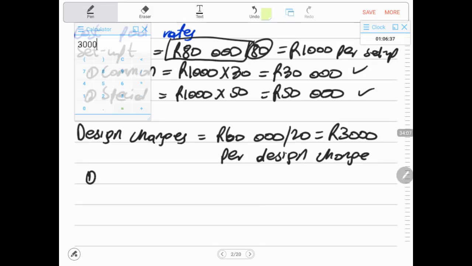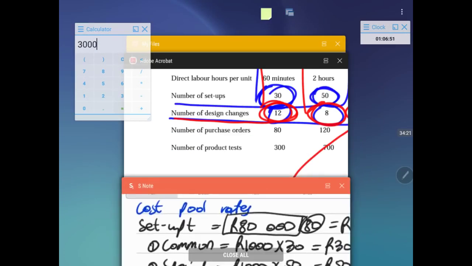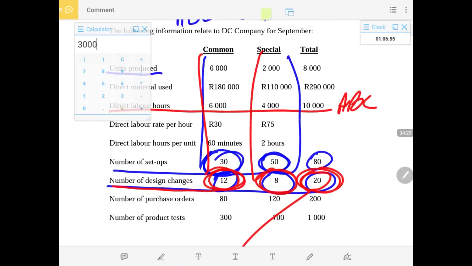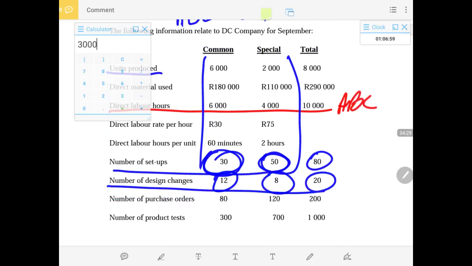So now we need to allocate this to product common. How much will be allocated to product common? If the rate is 3,000 per design change, how many design changes does product common have? The design changes of product common, it is 12 of them. There we do have the design changes for product common.